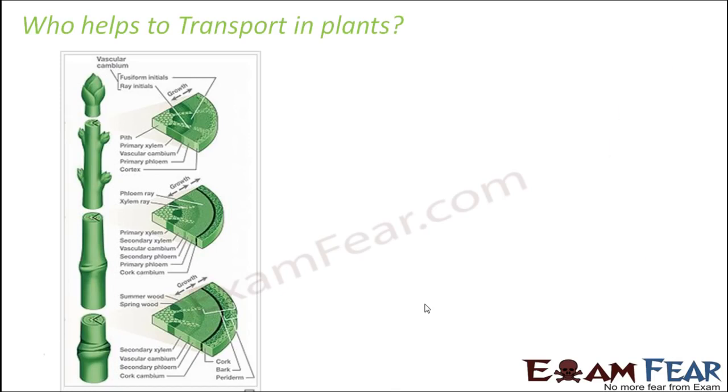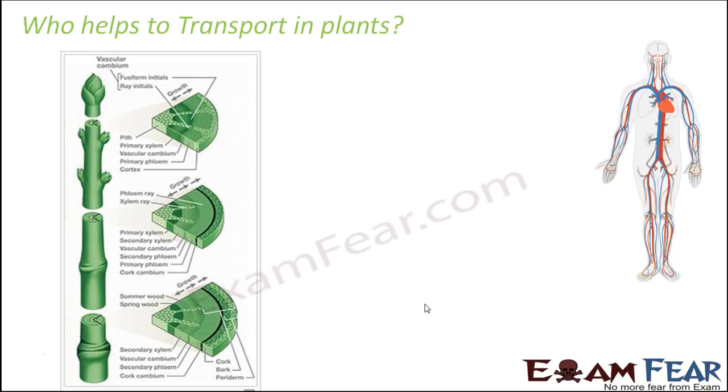Like when you talk about human beings, we have a specific system. For example, we have the circulatory system. What is the function of the circulatory system? To circulate the materials or gases throughout the body. The central organ of the circulatory system is the heart.